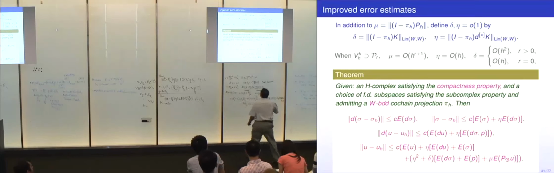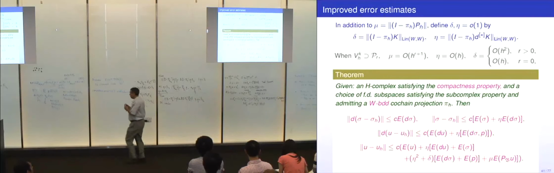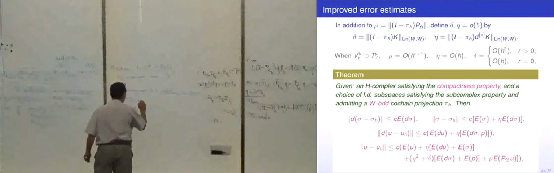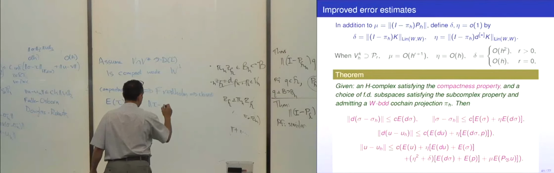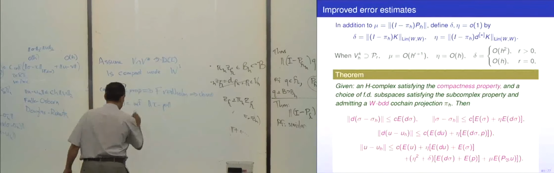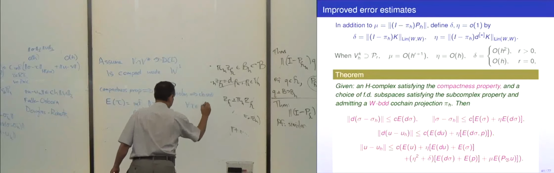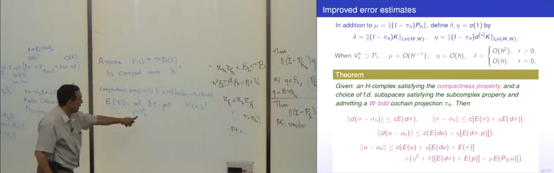They're a little hard to read, but not too bad. E here means best approximation. So when I write E of tau, I mean the infimum of the W norm of tau minus rho, where rho is in V_h^k. Okay, and I use that same operator E at all levels, so it just means best approximation by the subspace of that level.